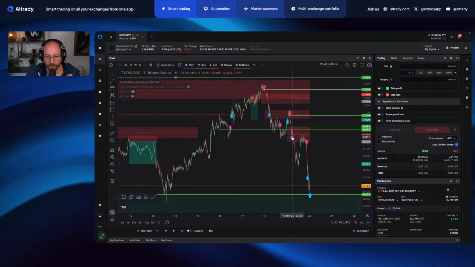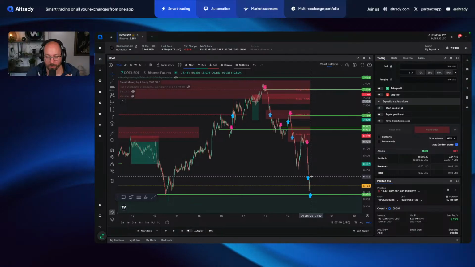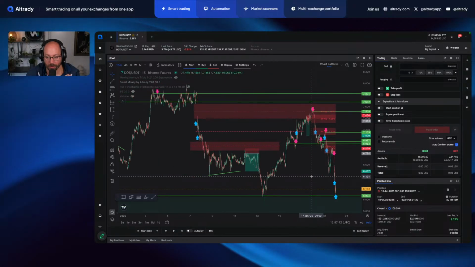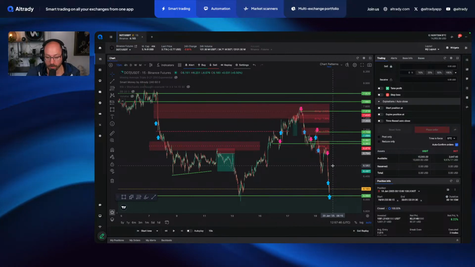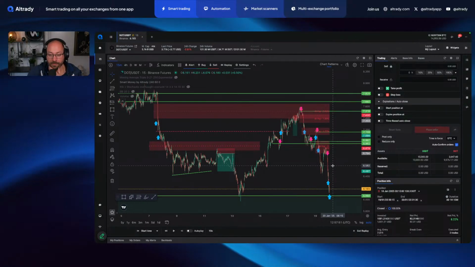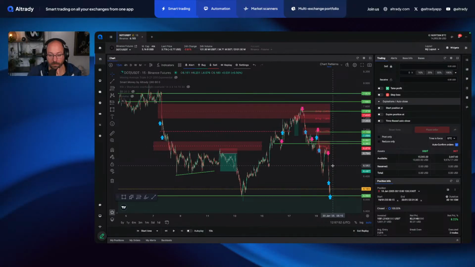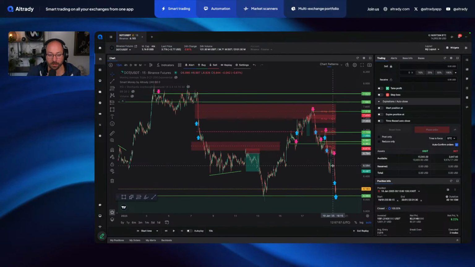So 6, 9, and 12. So that's almost 1% a day. Well, actually, it is more than that because the 3 was the conservative one. Again, pretty good for 2 weeks. More than 15% in 2 weeks.